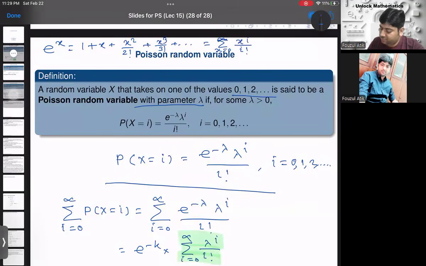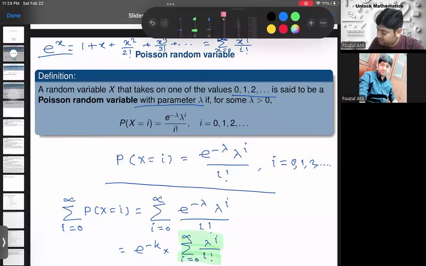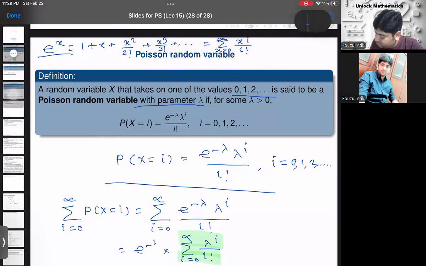So if that is the value of e to the power x, what is the value of this shaded expression? I wrote it as k, but it should not be k, it was lambda.